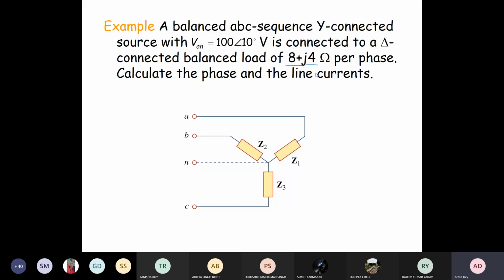From here it is given that it is a Y connected source with VAN equal to 100 angle 10. So what happens to your line voltage VAB? When you have to find your line current, the line voltage will be VAB, right?